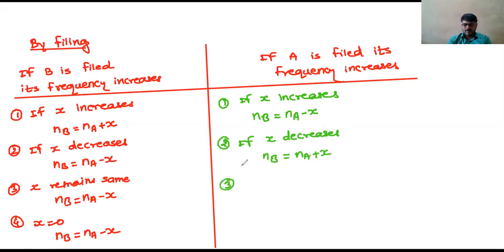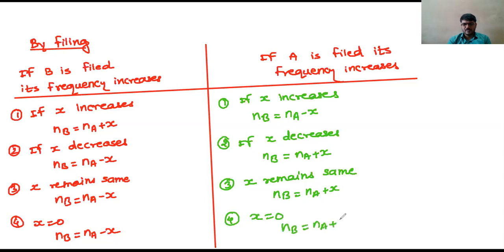Third one, if X remains the same, then also NB is equal to NA plus X. And fourth one, if X is equal to 0, then also NB is equal to NA plus X. Okay, this is the filing and loading of a tuning fork and its effect on the number of beats.